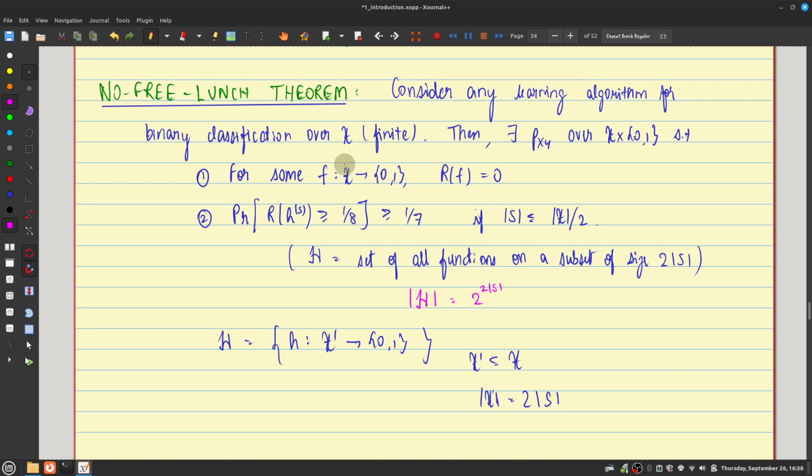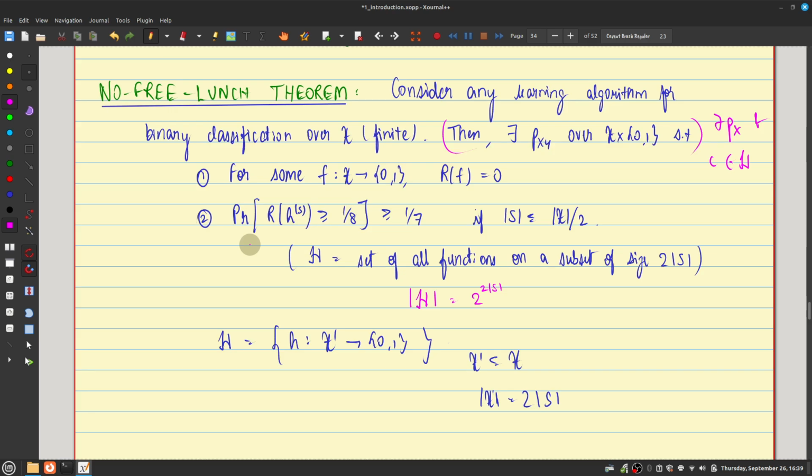If it makes things easy, you can just assume that the statement is: there exists a px and a concept c in H such that this holds. That's one of the simplest ways of looking at this, and that's the only version that we will need.